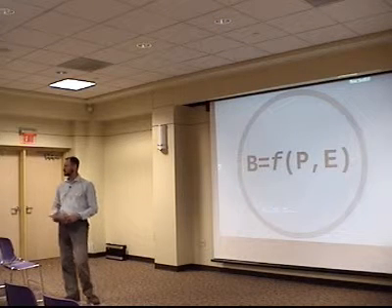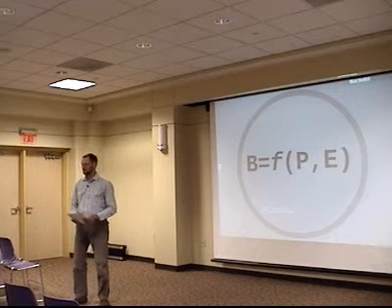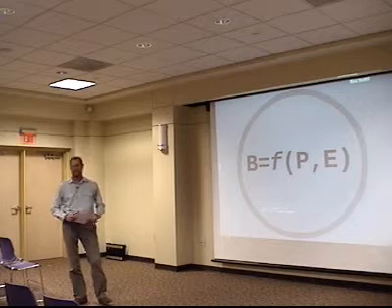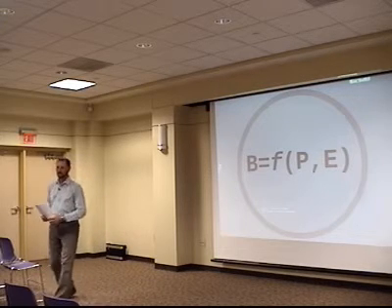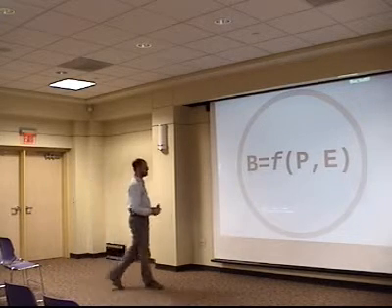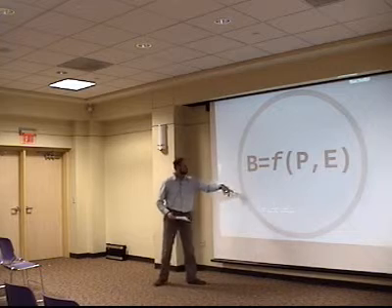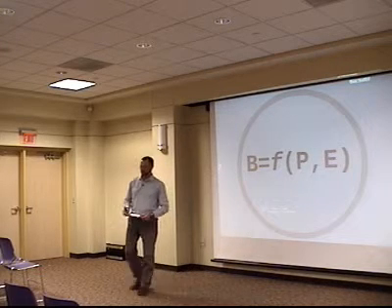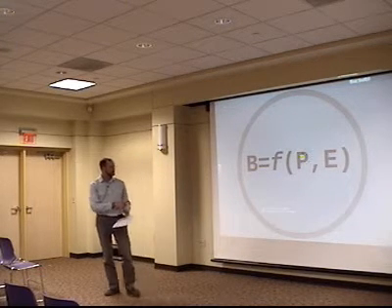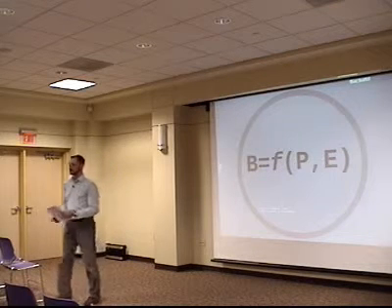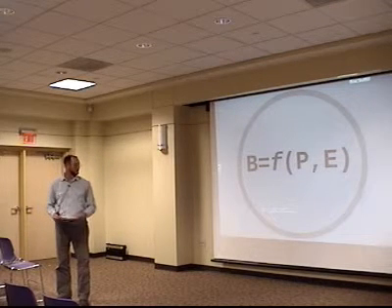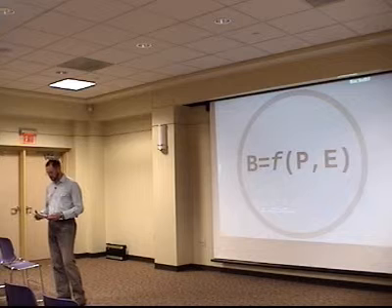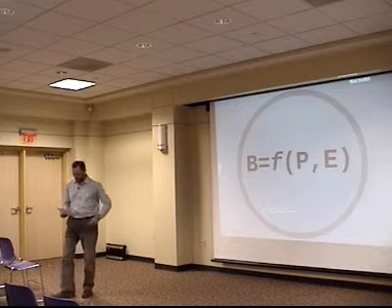Kurt Lewin is the father of psychology, and he came up with this formula in 1936 where he's kind of a behavioralist kind of guy. B, behavior, equals a function, F, of person and their environment. That's the idea this guy came up with in the 30s.